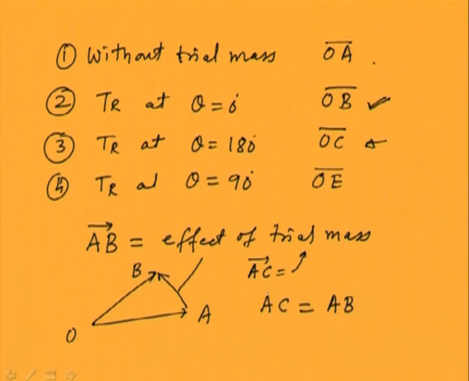The only thing is, if we see vectorially, they will be in opposite directions because of the 180 degree phase. So with this information, that AC is equal to minus AB, we will try to obtain the position of the actual unbalance.